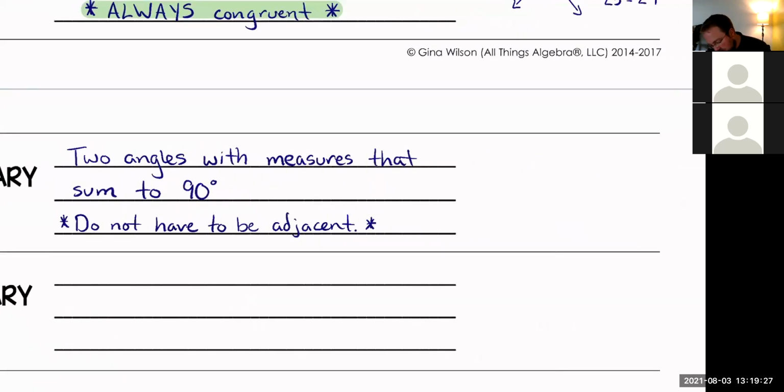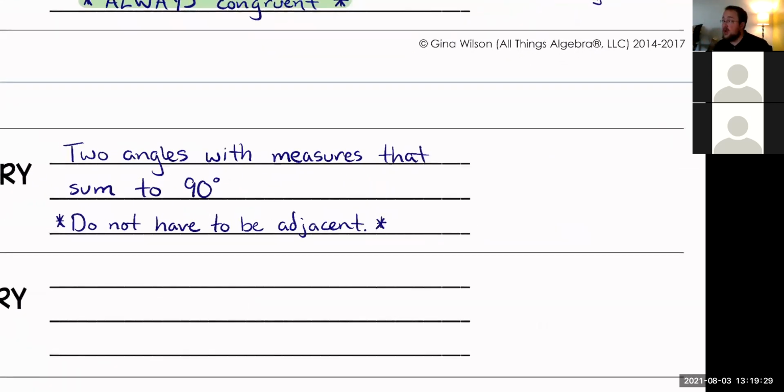Now, the diagram I'm going to use, I'm actually going to cheat and use a right angle, which is exactly 90 degrees to show this. But as the note said, it's not necessary that they are adjacent. I'll do a vertical ray, a horizontal ray. I'm going to denote that this is in fact a right angle.